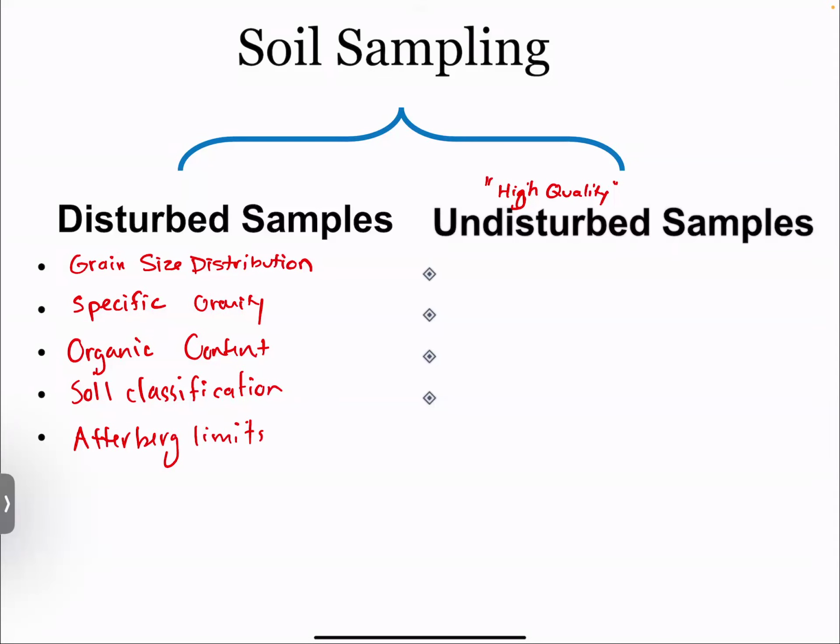But when we are talking about strength, measuring strength directly, this is when we have to consider undisturbed samples. Some of these would be something called the consolidation test, where we're measuring the compressibility of clays.